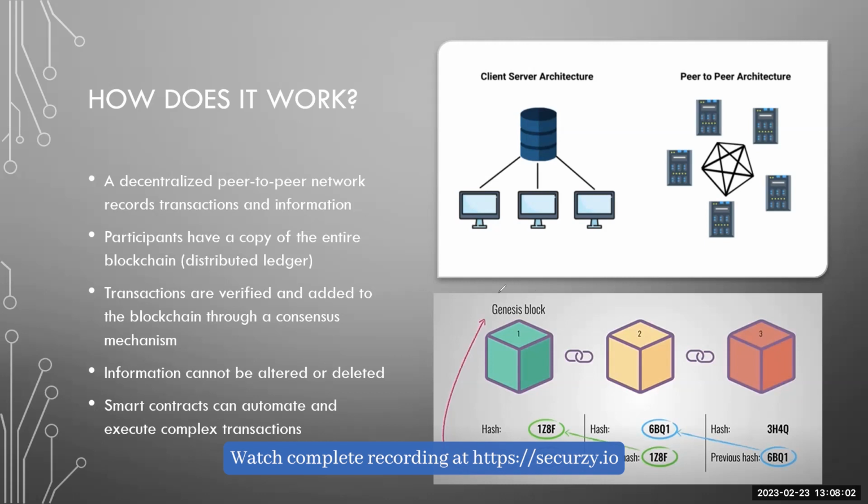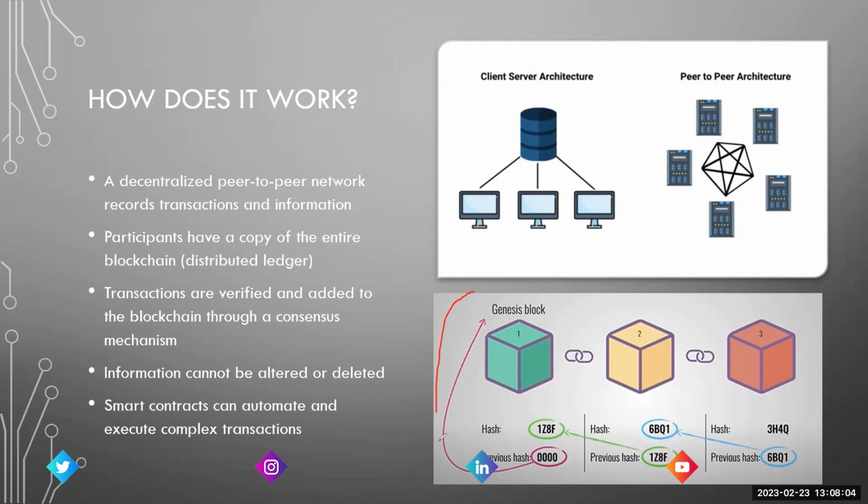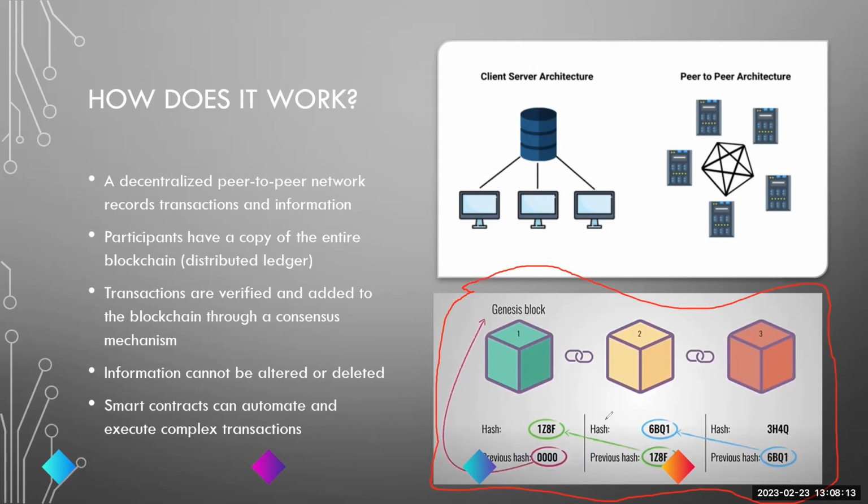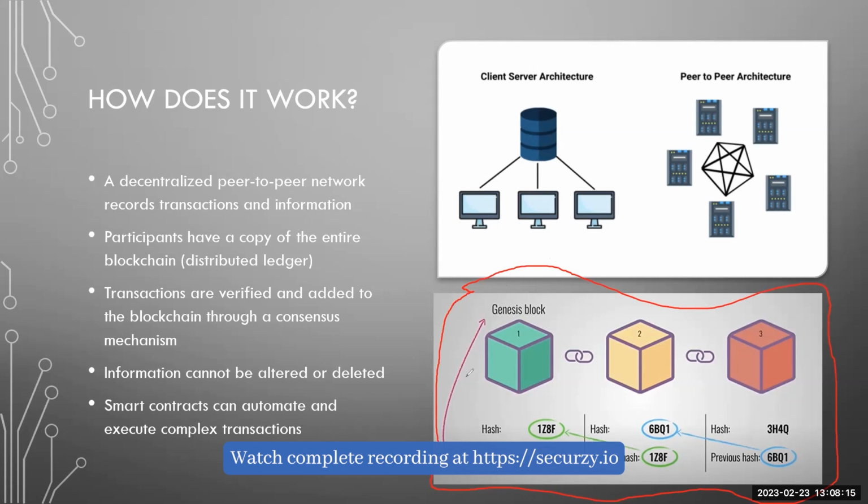You can see in the image that I've put in this slide, a blockchain is a network that has a ledger. This whole segment that I've circled is the ledger. It consists of all the transactions that have ever been made on the network. Now, these transactions are divided into blocks.